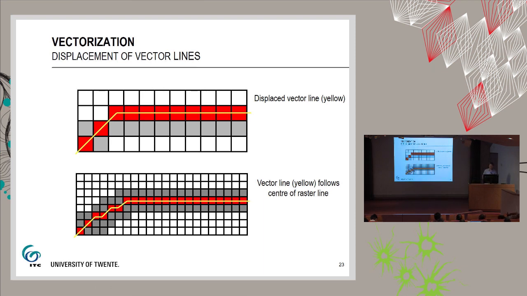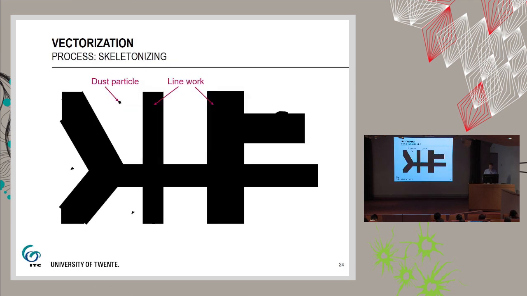So vectorization, the conversion from raster to vector, how do you do that when you do it automatically? The computer does it, I show you that. This is your scanned document, your line work. And what the computer first does, if you apply it, is a technique called skeletonizing. It will thin your pixel lines.